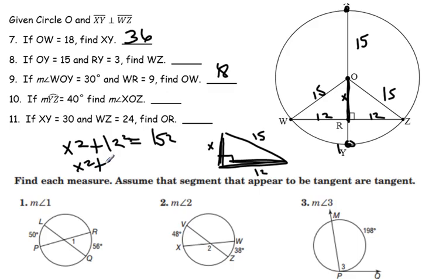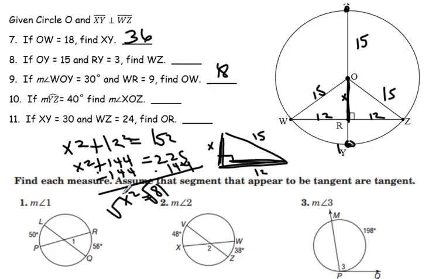X squared plus 144 equals 225. We would subtract 144 from 225. And we would get x squared equals 81. Square root of that, x is 9.